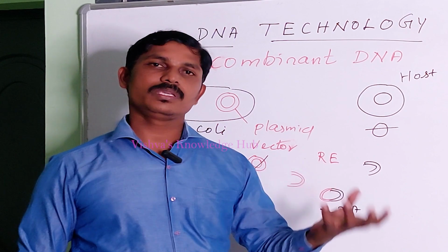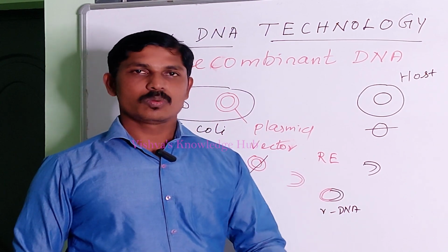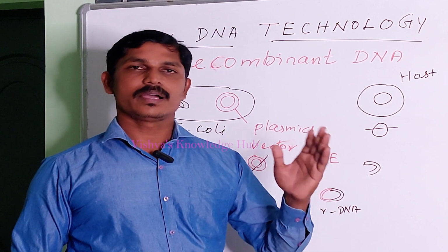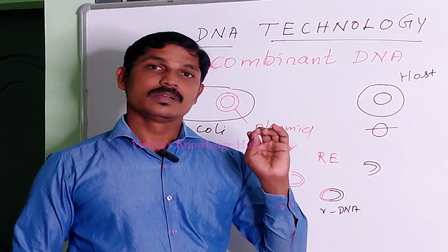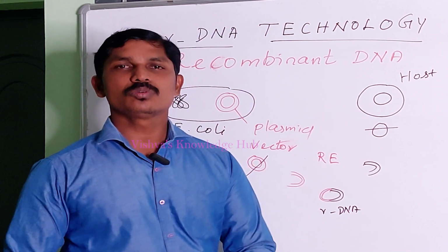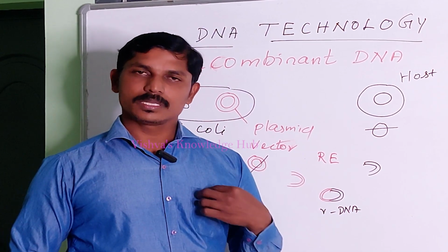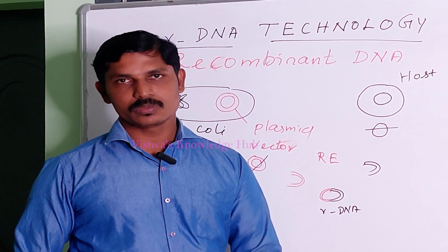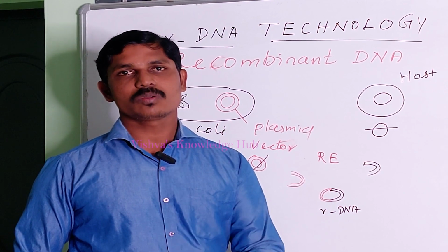Why do we select the host? For example, nowadays there are more sugar patients. About 70% of people undergo diabetes. So how to cure that? In nature, our body's pancreatic cells naturally produce insulin. What is the role of insulin?